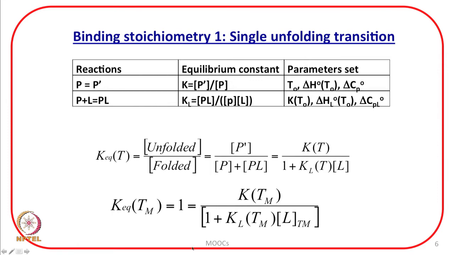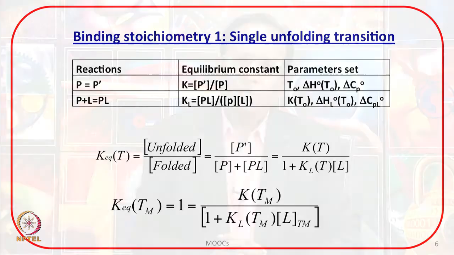So, what we have at present is this expression. By the use of differential scanning calorimetry, we can easily get the transition temperature, calorimetric enthalpy and the change in heat capacity associated with the unfolding in the absence of ligand.